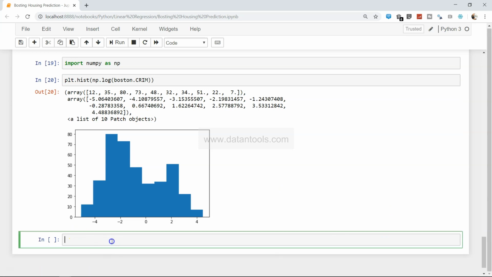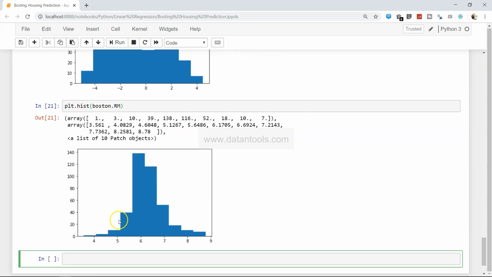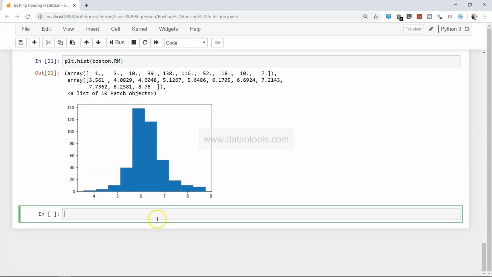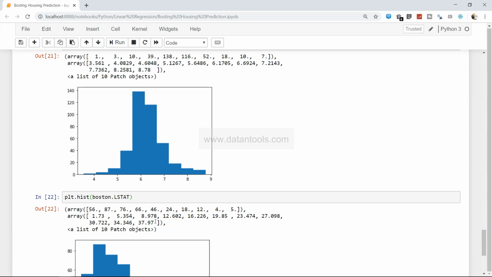Now what we can do is have another histogram, which is the number of rooms. It also shows that it follows a sort of normal distribution. And then we can have another one which we evaluated earlier, which was LSTAT.